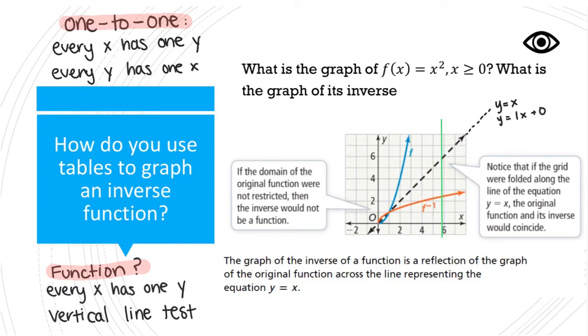An example of something that would not be a function would be a sideways parabola, for example. If I put this green line over there, this is not a function because at any point we have two spots that are on that green line. Okay, so just as a reminder of a couple definitions. A function has to pass the vertical line test, and 1 to 1 means every x has exactly one y.